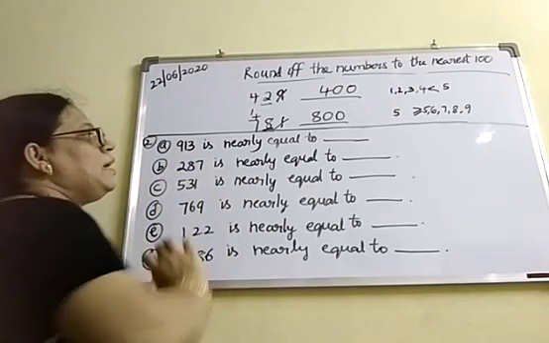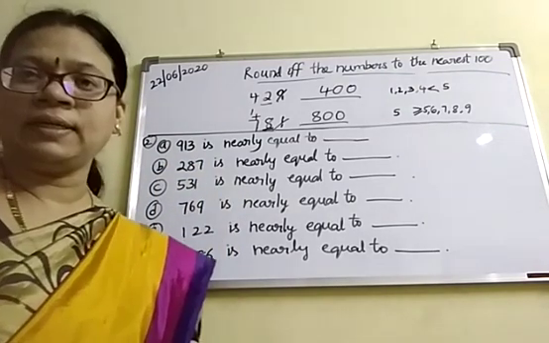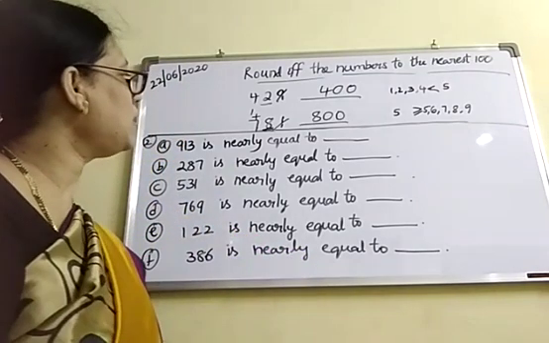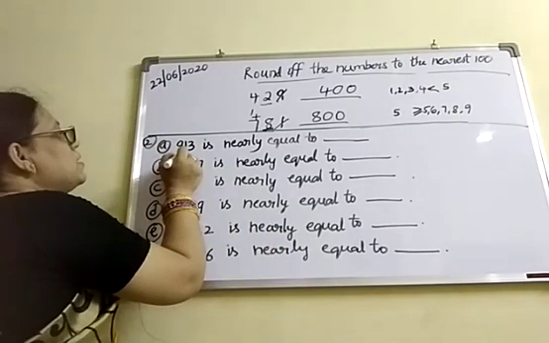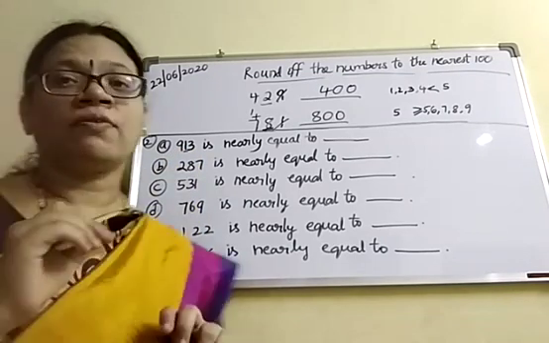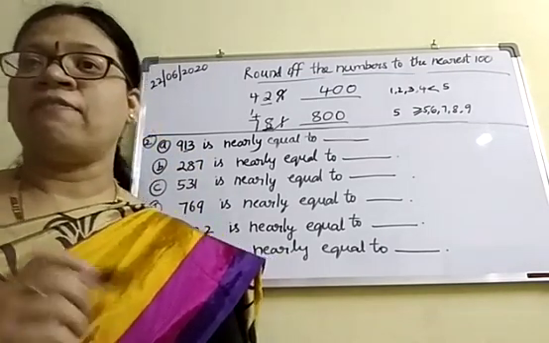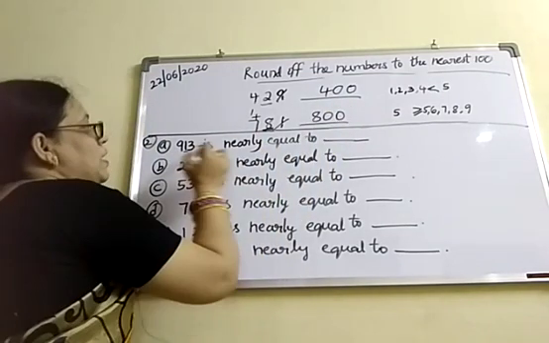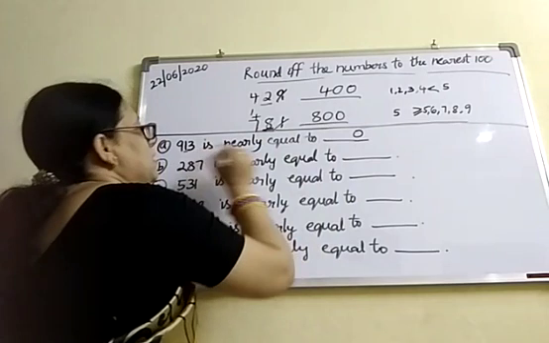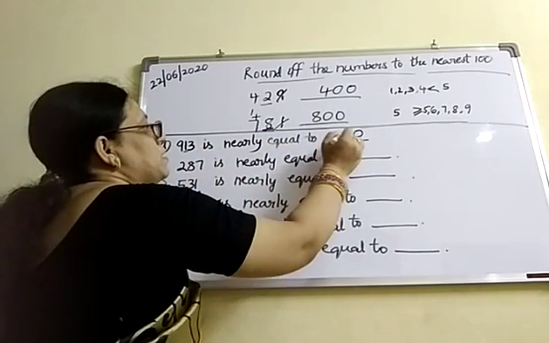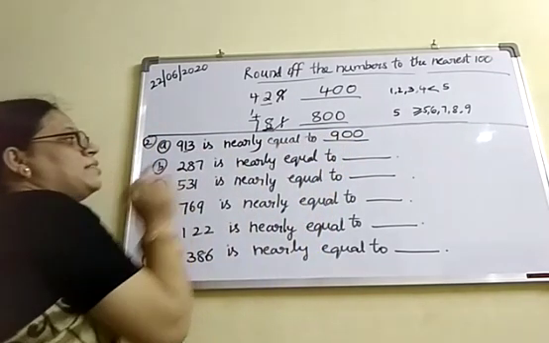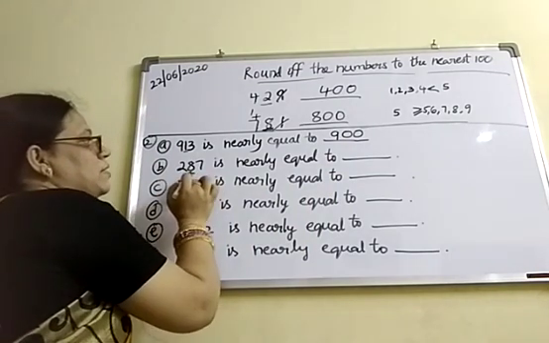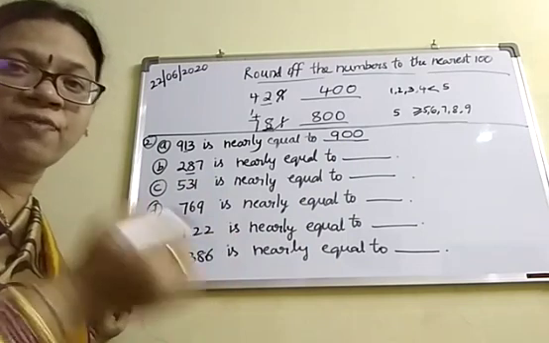913 is nearly equal to which hundred? First you have to check the tens digit. Which number is there in the tens place? 1 is there. 1 is less than 5, no? So we'll replace the ones place 3 by 0 and the tens place by 0, and write 9 as it is. Understood? Now, the second one. 8 is greater than 5.